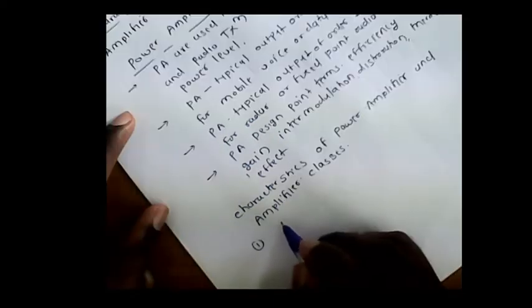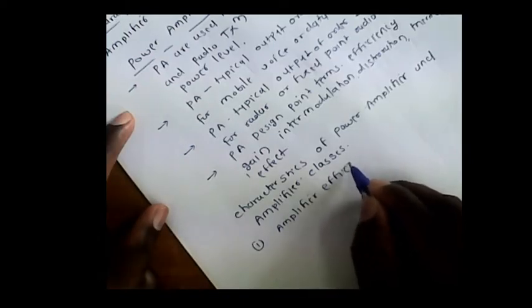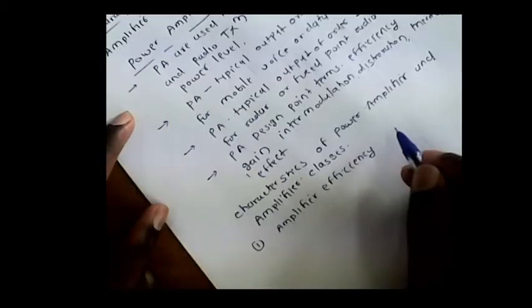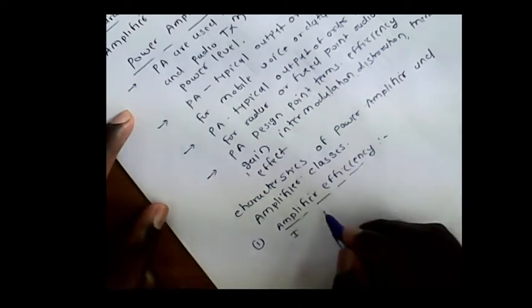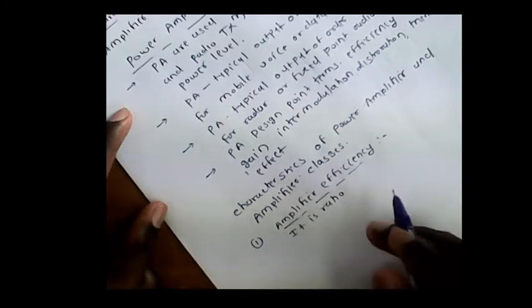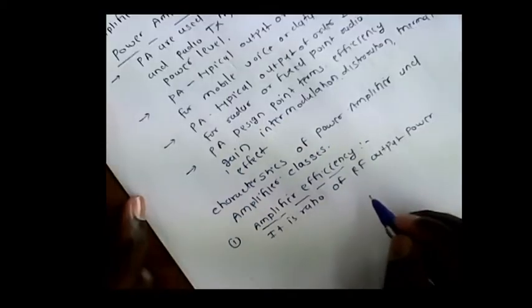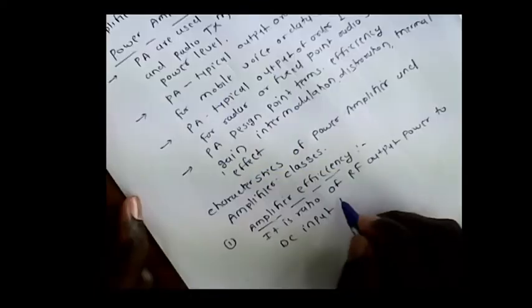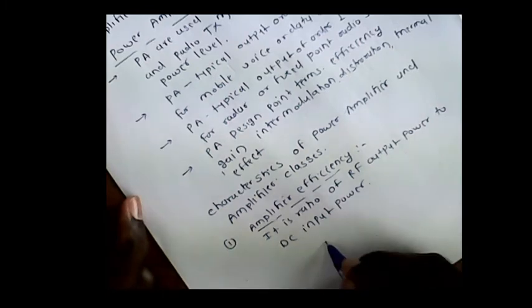Amplifier efficiency, or simply efficiency, is the ratio of RF output power to DC input power, denoted by the letter eta.